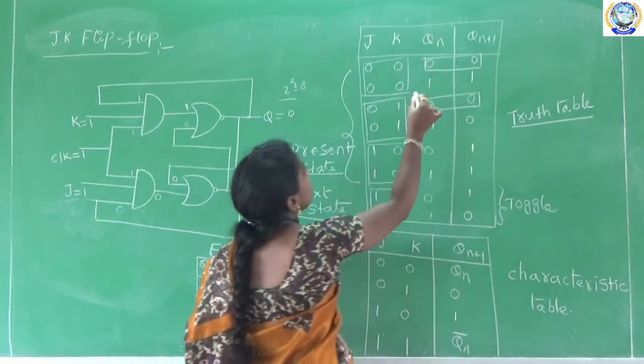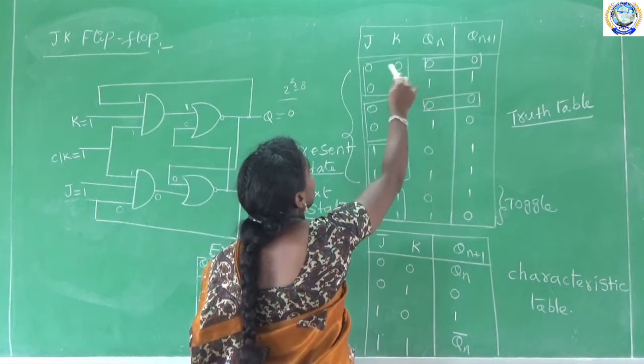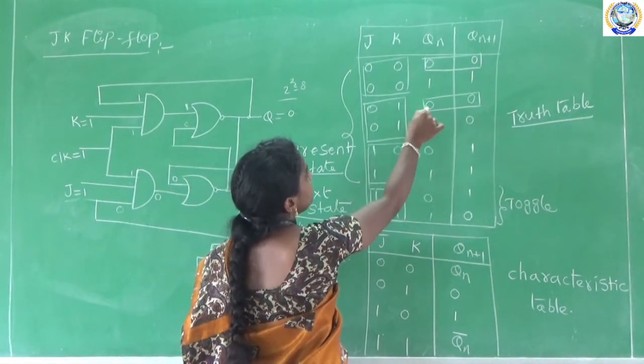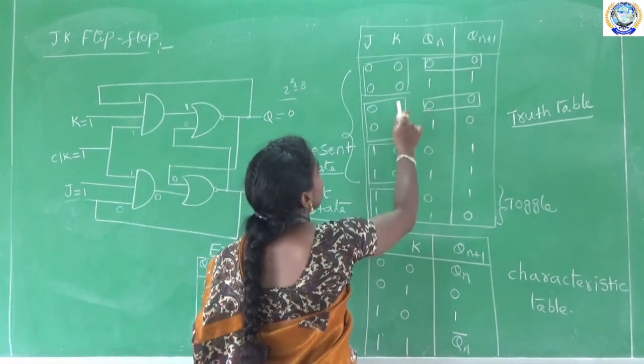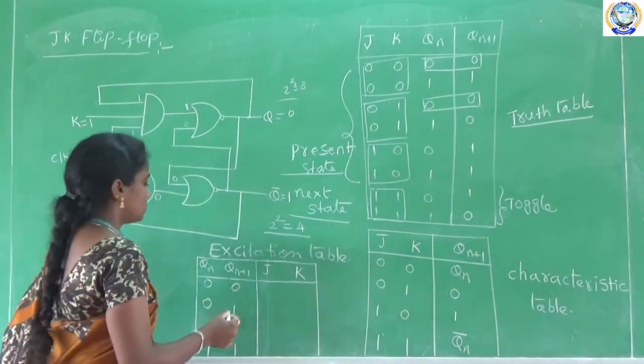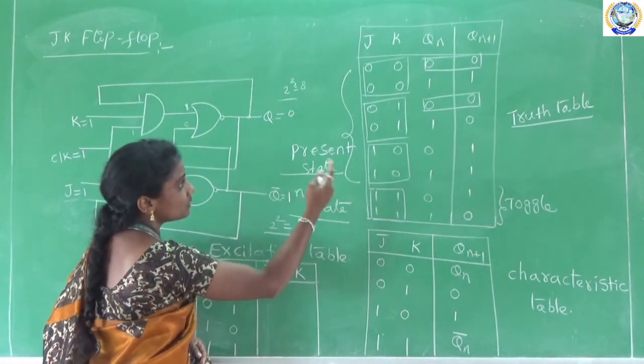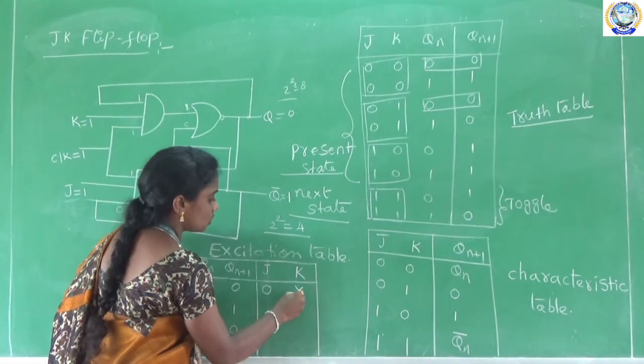Then what are the conditions of J and K? J is 0 in both conditions, and K is 0 and 1. So J equal to 0, and K is either 0 or 1.